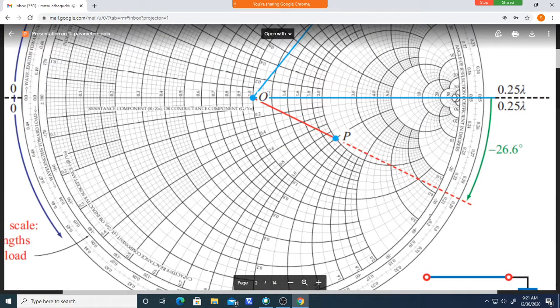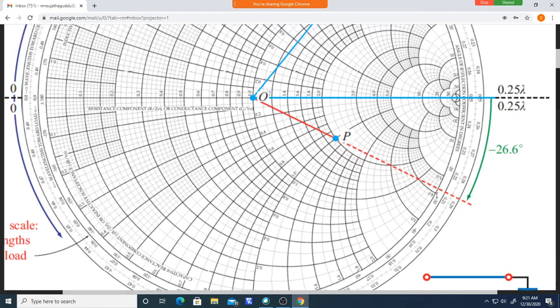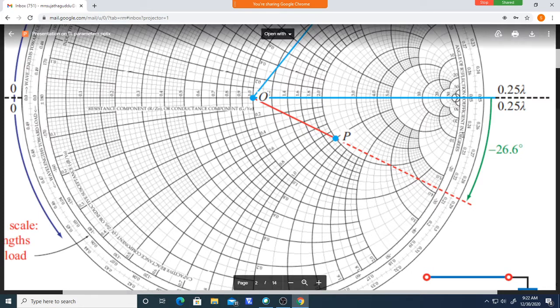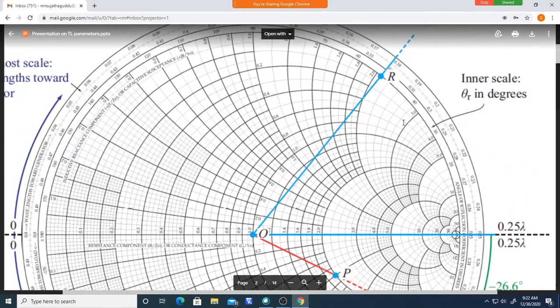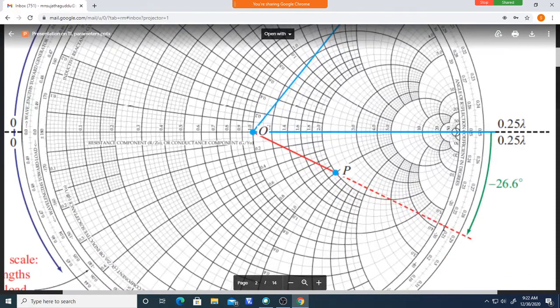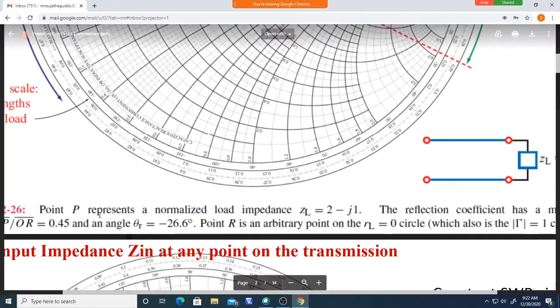If you go like this, the angle increases, so near 30 it is around 26.6 degrees. You can read the reflection coefficient angle like that. This is negative; above is positive angles. So this is minus 26.6 degrees.